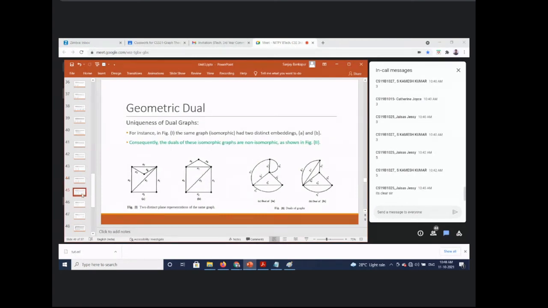Quickly moving to the next slide. The dual of graph A and graph B: for the generated geometric dual, this is the one. For graph B, the geometric dual is this. Now, whether these 2 are isomorphic to each other is the question.